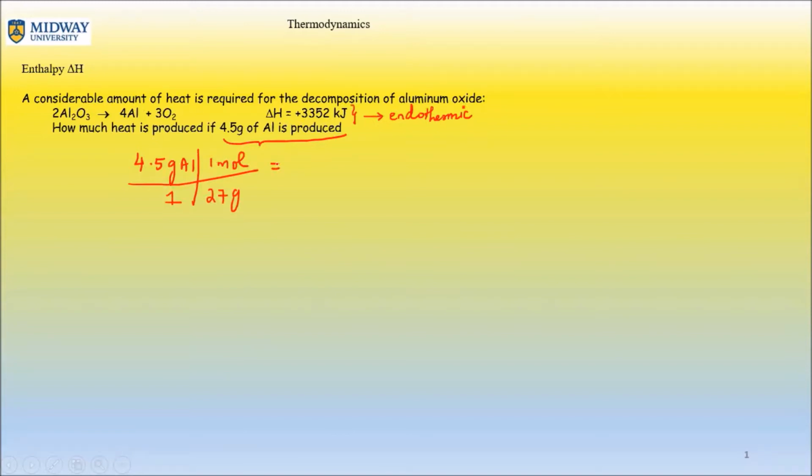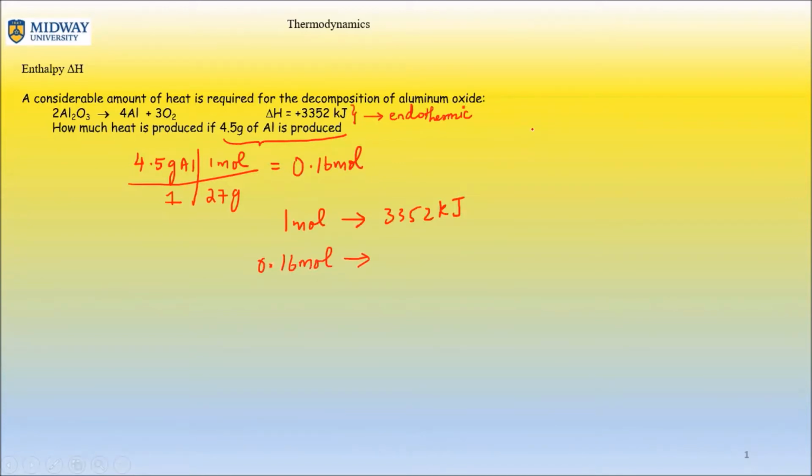All you have to do is convert the grams to moles, which is 4.5 over 27, about 0.16 moles. Now, as I said, 1 mole corresponds to 3352 kilojoules. All right. What about 0.16 moles? How much does that correspond to?